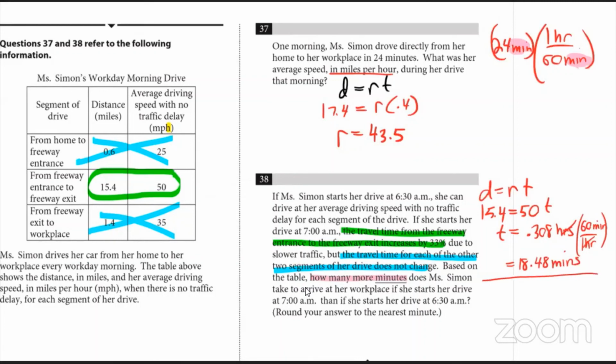Now we'll do the same thing, although the time is increasing by 33%. So the time is now 18.48 minutes. To increase something by 33%, like we often say here, that gives us 100%. If I increase by 33%, it would be 133%.